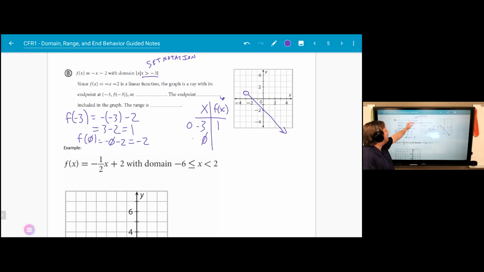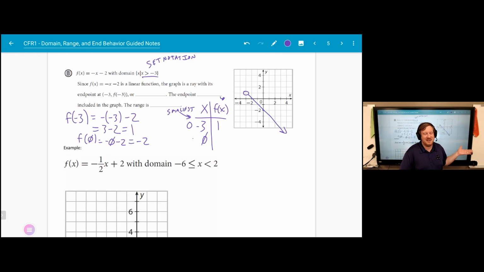It's unbounded. My smallest x is negative 3. My biggest x value is actually infinity, but I can't plug infinity in. I don't have that as a number. I just got to pick another number bigger than negative 3 to make this work.